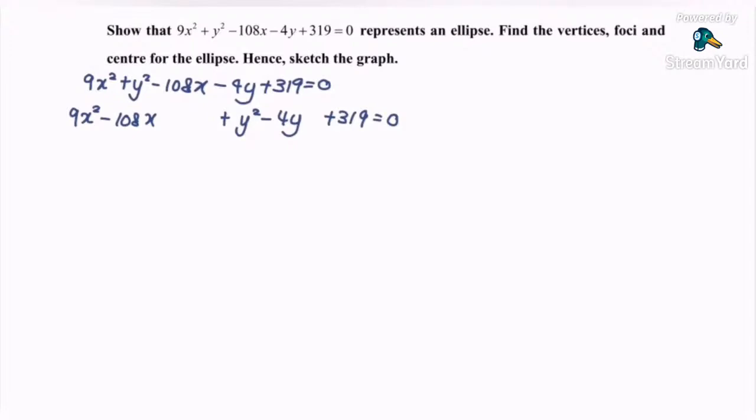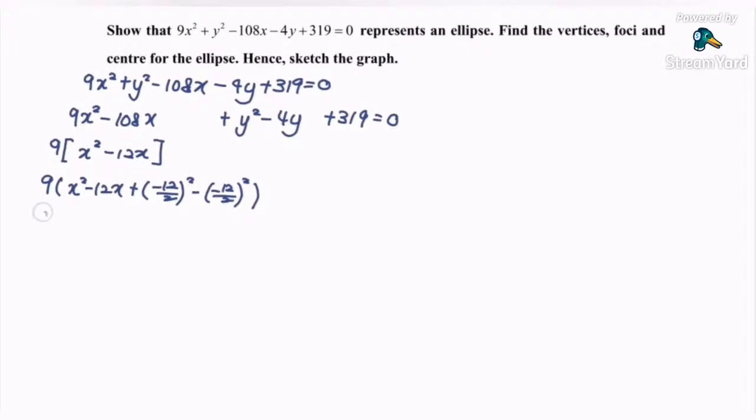So we have to factor out the 9. So we have x squared minus 12x. Let's begin completing the square for x squared minus 12x, where we will have 9 bracket x squared minus 12x plus bracket negative 12 over 2 squared minus negative 12 over 2 squared.